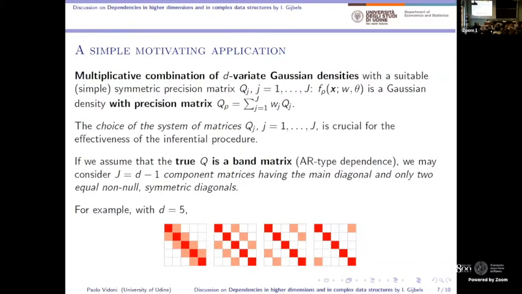And here we have some possibilities. This is a very simple one. If we assume that the true Q has a sort of band structure, so there is a sort of R-type dependence, we may combine component precision matrices of this kind.